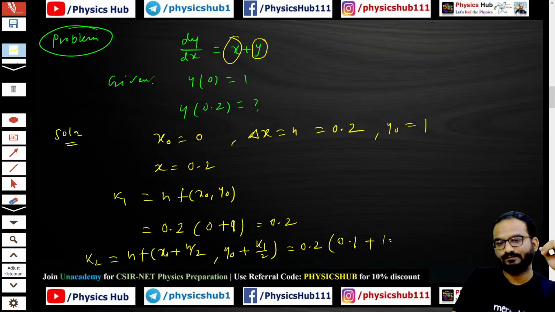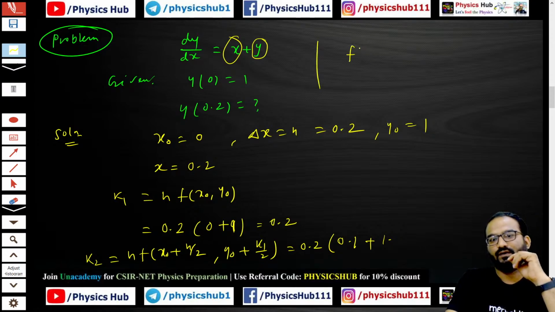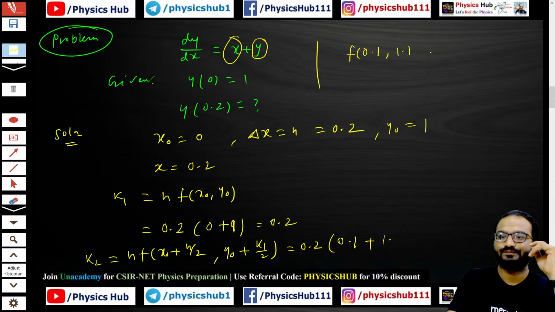Okay, y naught plus K1 by 2. Okay, so let's calculate it. So f of x naught plus h by 2. So 0 plus h by 2 is 0.1. y naught means 1 plus K1 by 2 means 1.1.